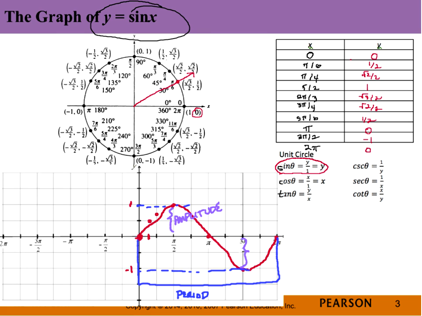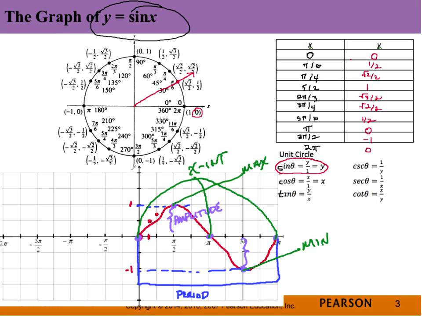And the last thing that I want to point out to you on this graph, I'm just going to highlight these special points here. We have the maximum and the minimum, and we have the 3 x-intercepts for that particular period of the function. So I have my x-intercepts, and then I have my max, and I have my min.